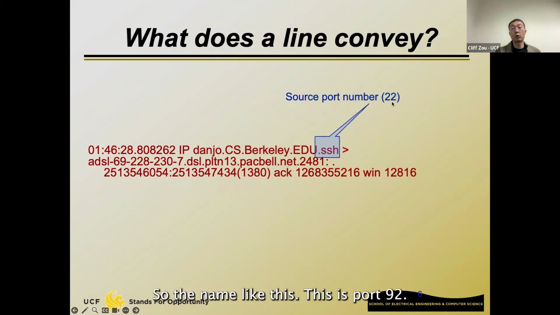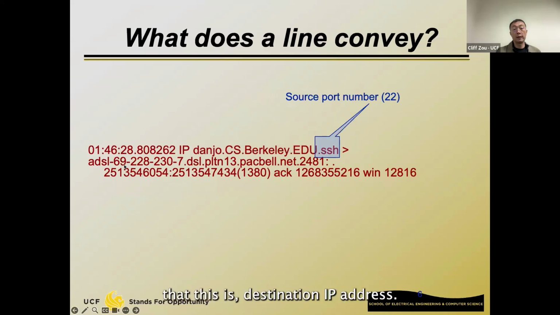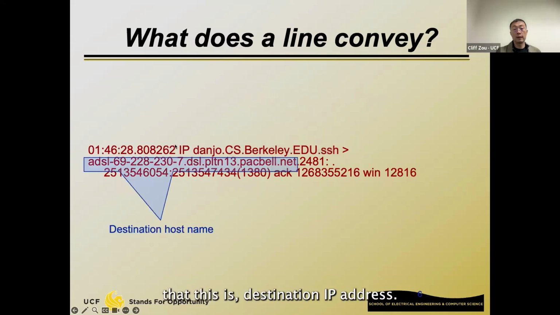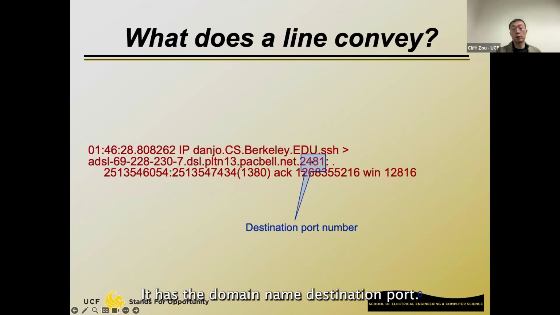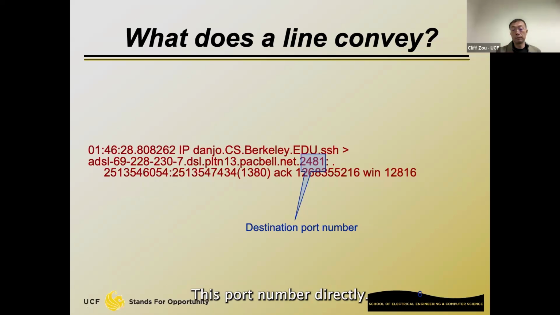Like this is port 22, which is reserved for the SSH service, so it will display .ssh. Then this is the destination IP address, which has a domain name. Then the destination port. This is not a reserved port, so it just displays the port number directly.